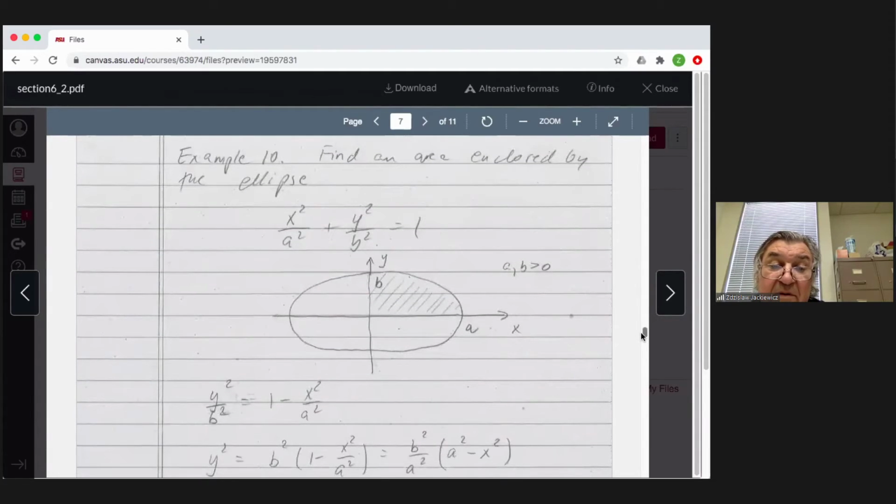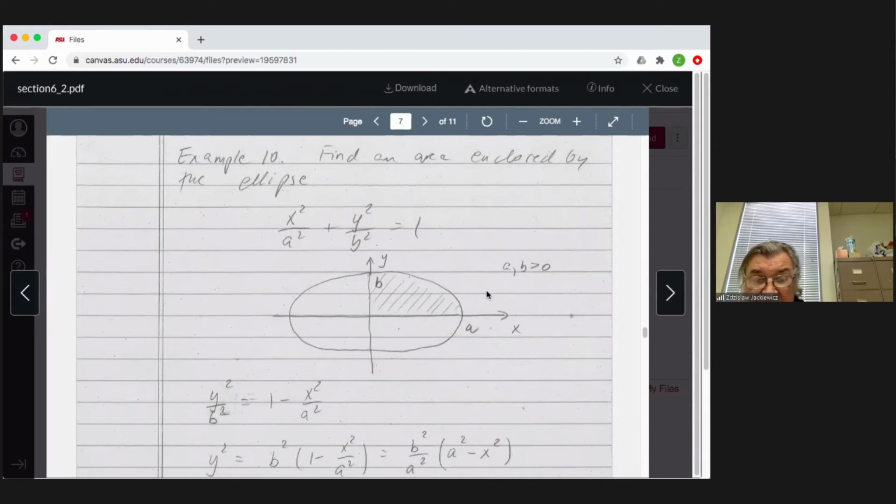One more example. Find the area enclosed by the ellipse x squared over a squared plus y squared over b squared equals 1. Well, okay, so this ellipse looks like this. That's a here, b here. A, b are positive, of course.